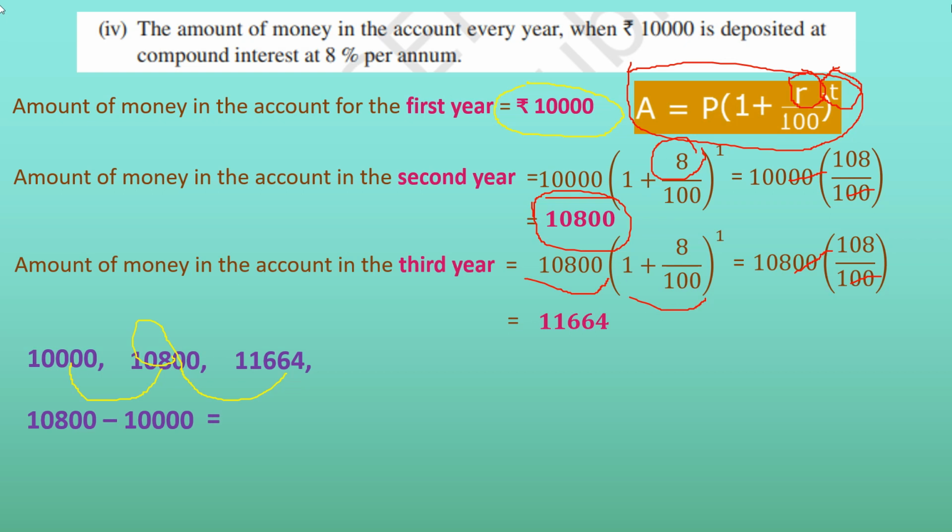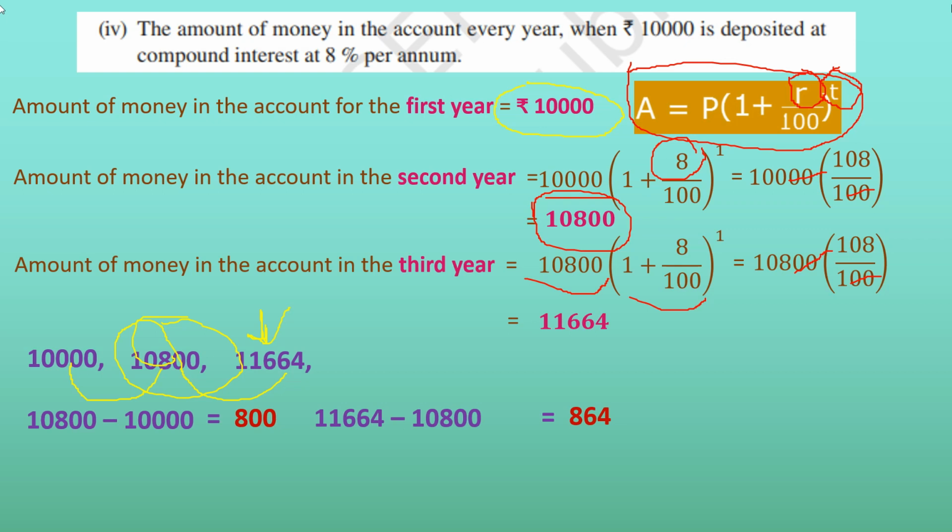A2 minus A1 is 10,800 minus 10,000, which is definitely going to be 800. Now we'll find A3 minus A2. A3 is 11,664 and A2 is 10,800, so 11,664 minus 10,800 is 864.